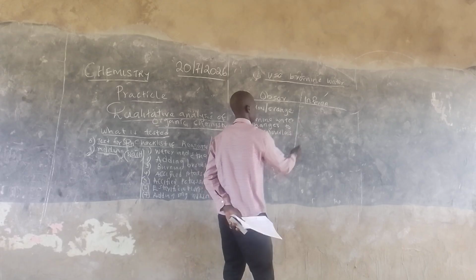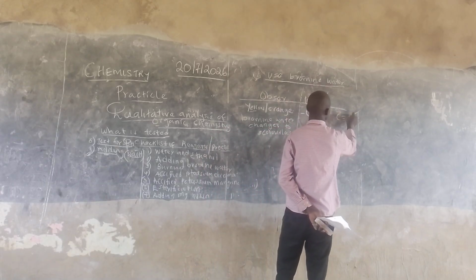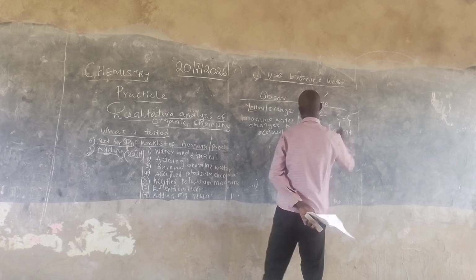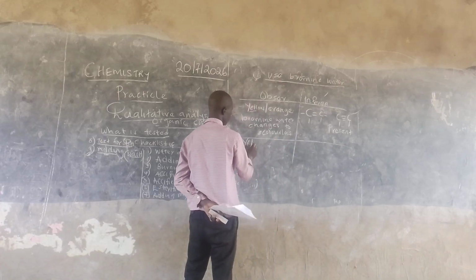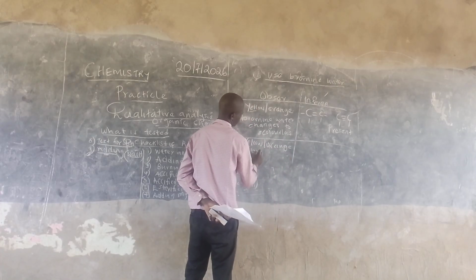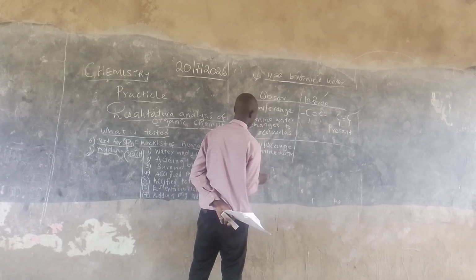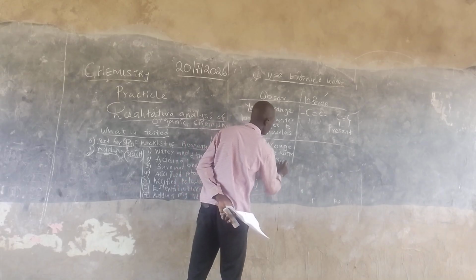What does that mean? We say double bond, triple bond is present. But what about the last observation for this case? What if the yellow or orange bromine water retains its color, remains orange or remains yellow?